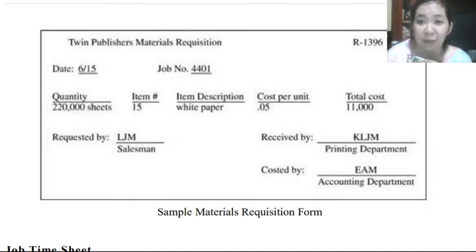So this is very important. This is part of the internal control of the entity. So this is an example of a materials requisition form, which is used as a source document in recording the materials that are used in the job order costing.